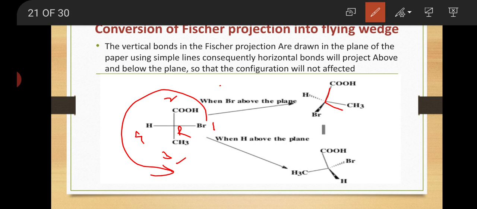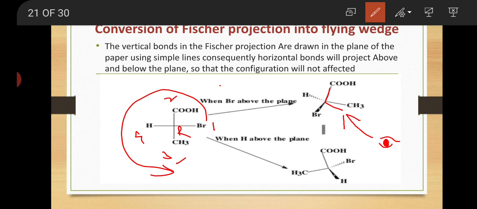To write the configuration of the wedge formula, we have to see the molecule such that the fourth priority group lies at the back of the observer, that is, the eye of the observer watches the molecule such that hydrogen, the fourth priority group, is at the back of the molecule.